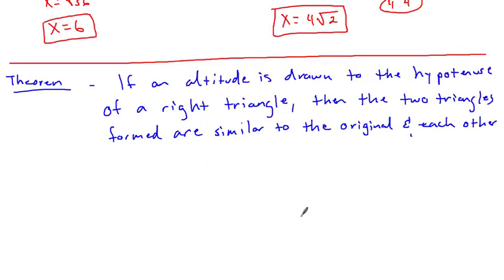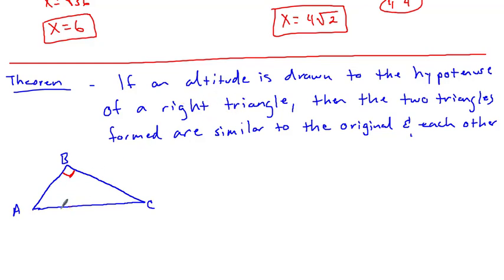So we're going to draw a quick example of what that looks like. I'm going to try to draw a nice right triangle, just like this, and we're going to call it triangle ABC. So angle B is going to be our right angle. Now remember what our theorem said is if an altitude is drawn to the hypotenuse of a right triangle.